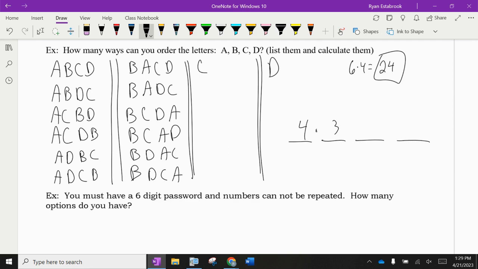If we already used the A, then there's only B, C, and D left. Once the first spot is chosen and the second spot is chosen, how many possibilities are left for the third spot? 2. And then how many is left for the last spot? Just the 1. This is our fundamental counting principle again. 4 times 3 times 2 times 1.